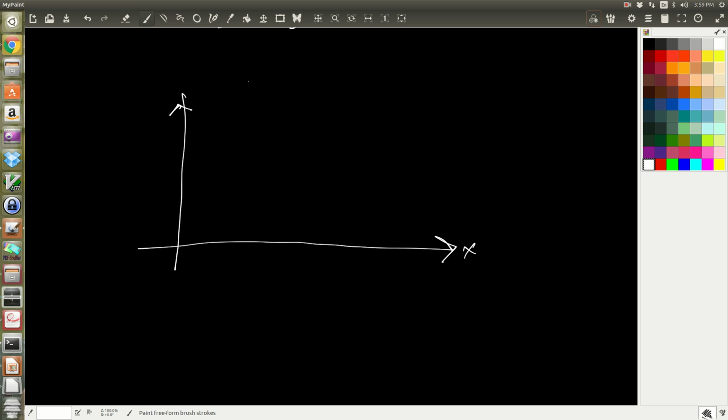So if this is iterations and this is the absolute value of f of x, maybe on iteration 1 the absolute value is some number here, and if this number continues to go down, we would expect it to go down until it started getting close to 0, where this is 0. And so that would be converging.